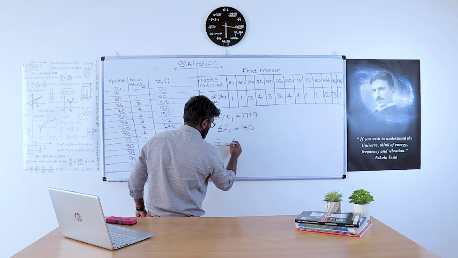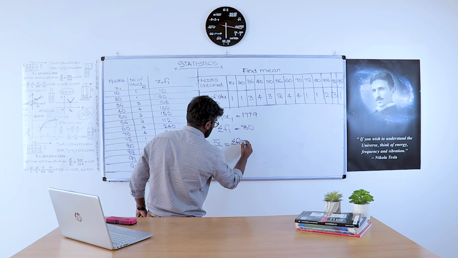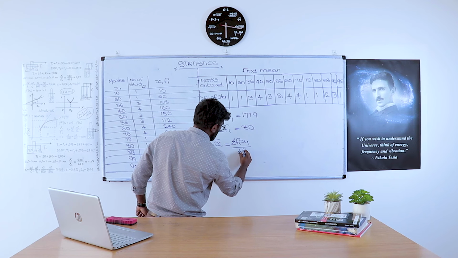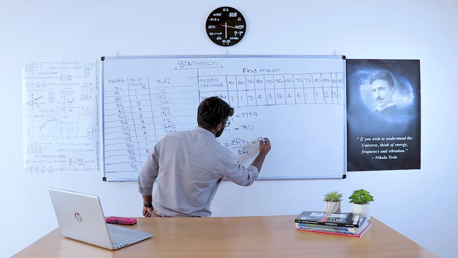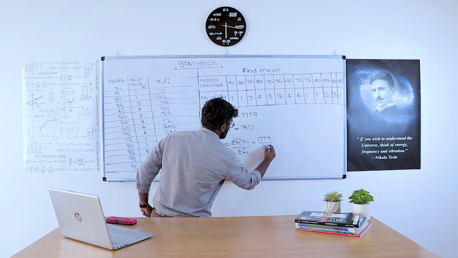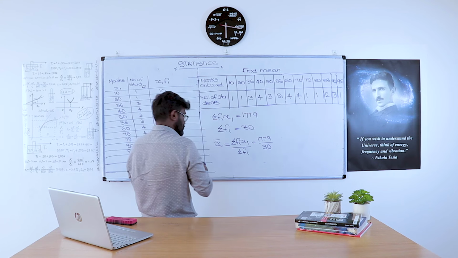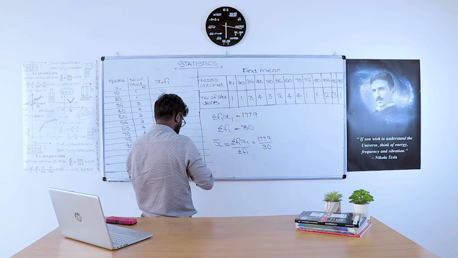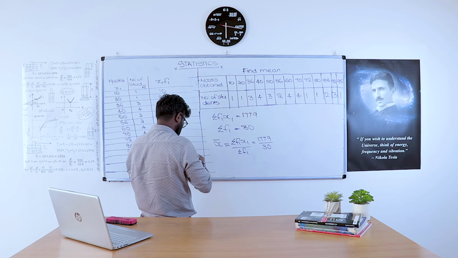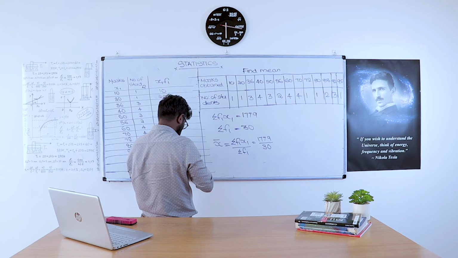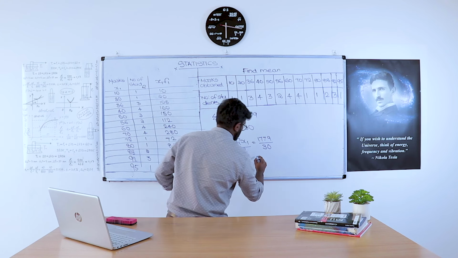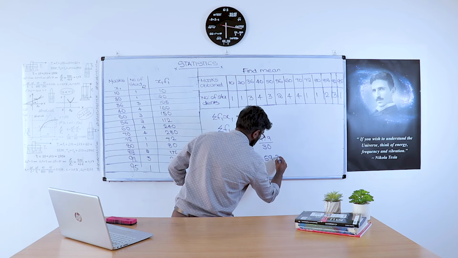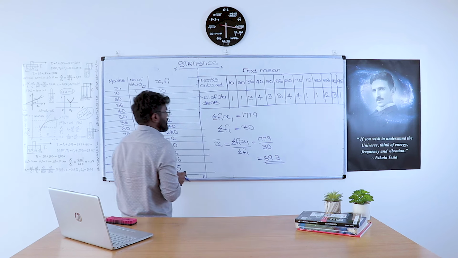Simply, the equation is summation fi xi by summation fi, that is equal to 1779 by 30. What is 1779 by 30? 1779 divided by 30 is 59.3. So this is the simple calculation to find out the mean.